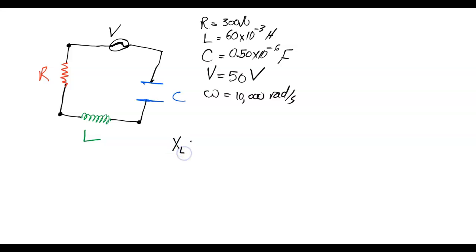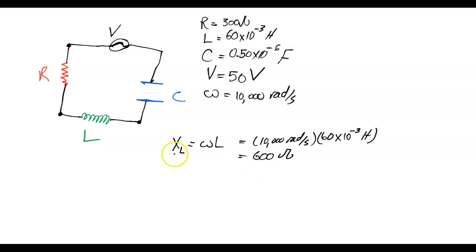So let's start with the reactance of the inductor, which is given by omega L. So this is 10,000 radians per second times 60 times 10 to the third henries, which gives us 600 ohms. Remember, a reactance is similar to the resistance value of the corresponding circuit element.